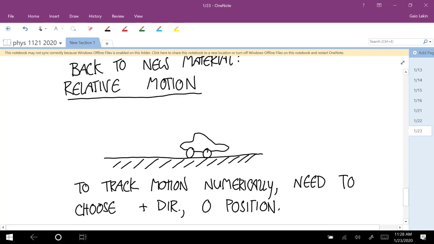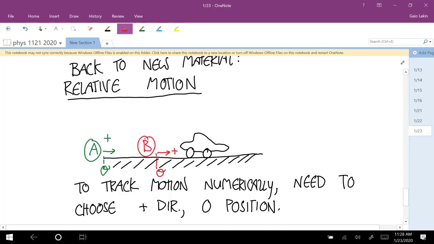All right, well, let's say that one of these has its zero position here and its positive direction that way. Okay, I'm going to call that reference frame A. And then the other one has its zero position here. Positive direction has to be the same, and I'm going to call that reference frame B.